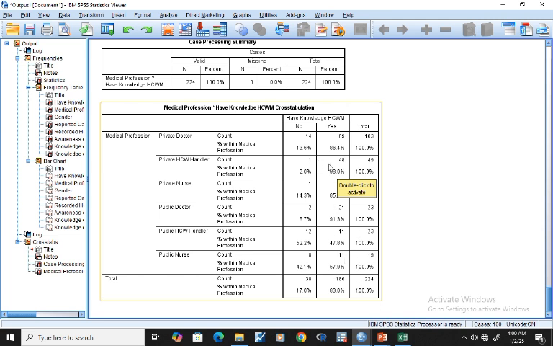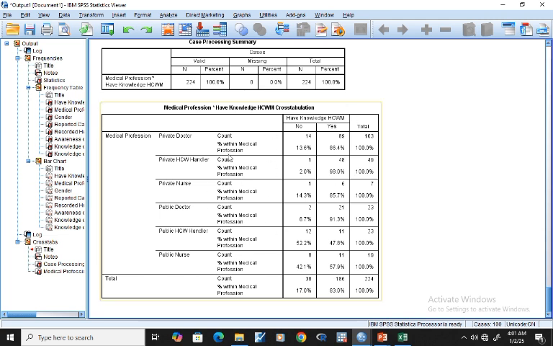And this could be as a result of the fact that they are the ones managing waste, so hence they must be informed and have knowledge on healthcare waste management, and you can make inference about it. It depends on what you are looking for. So this is just for us to know whether healthcare waste management has any association with medical professions.